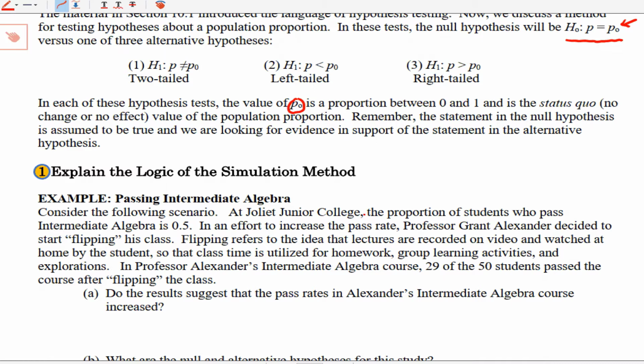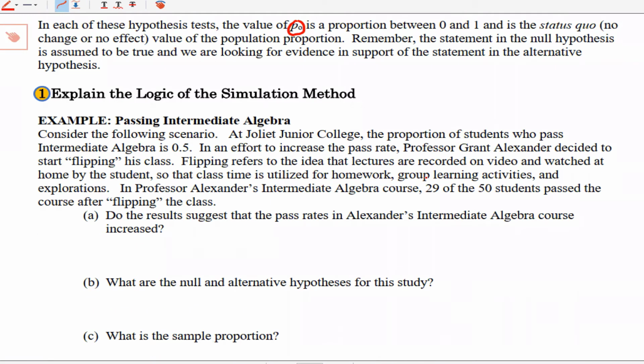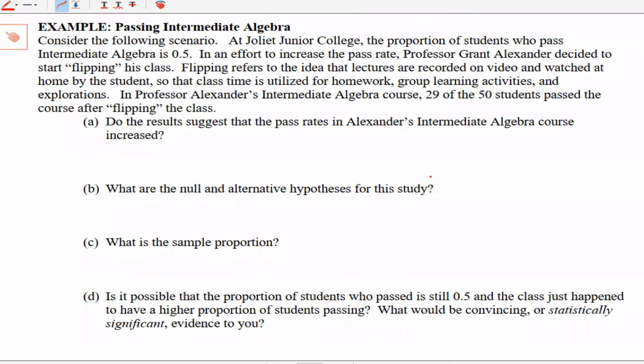So in Professor Alexander's intermediate algebra course where he flipped, 29 of the 50 students passed the course. And so the question that we have is, do the results suggest that pass rates in Alexander's intermediate algebra course have increased? Does that sample evidence suggest that the pass rates have increased?